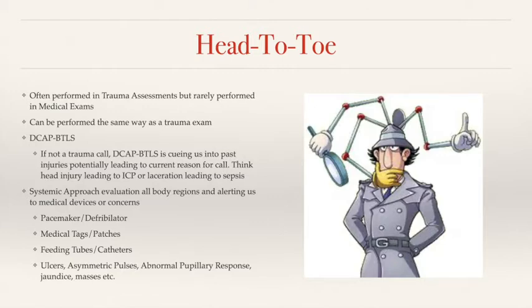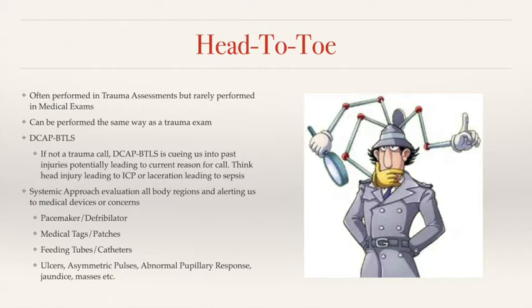Do they have asymmetrical pulses, or are all their pulses in all their extremities strong and equal? Abnormal pupillary response. Do they have jaundice of the eye, or potentially jaundice in their mucous membranes? Do they have any pulsating masses or rigidity or distension in their abdominal area? All these things are going to cue us into any potential abnormalities that are going on.